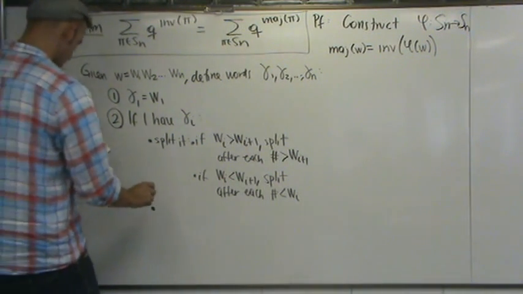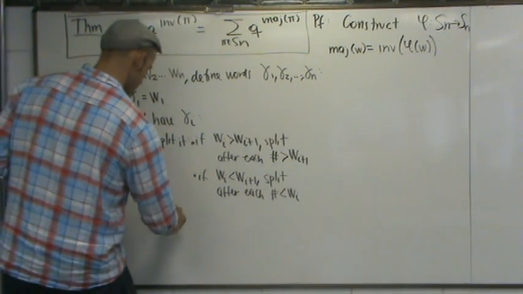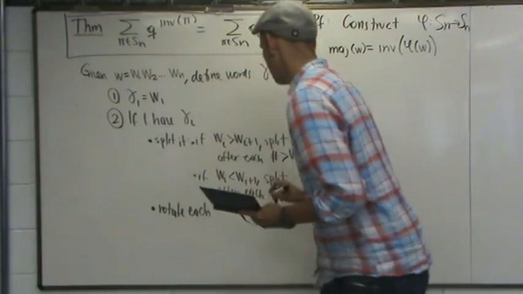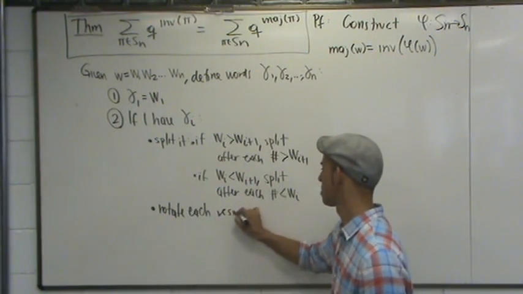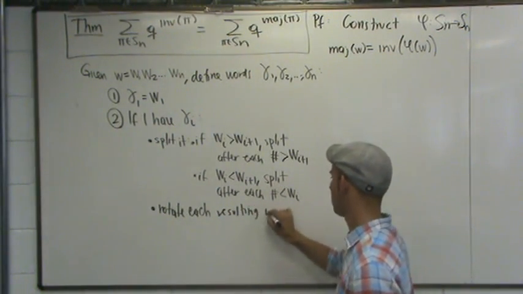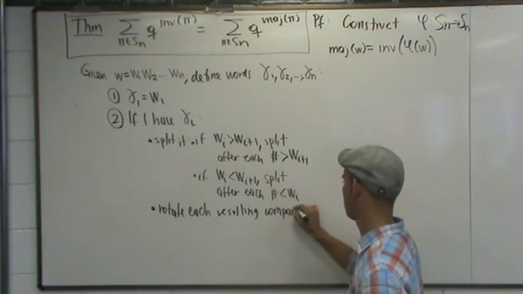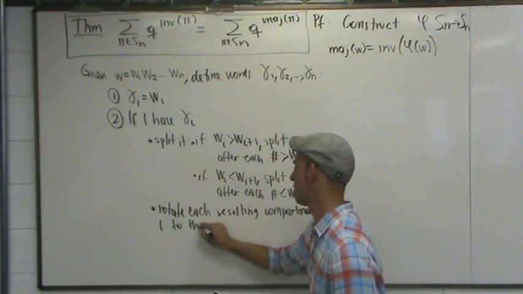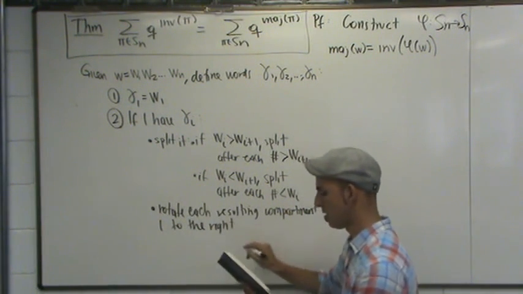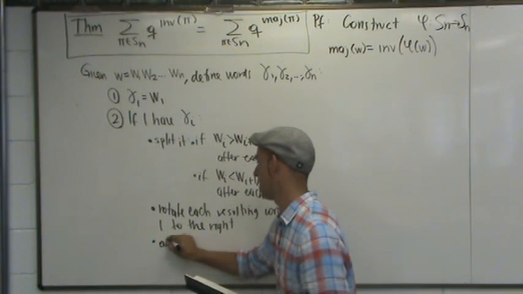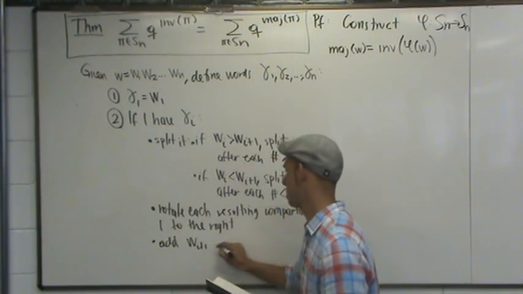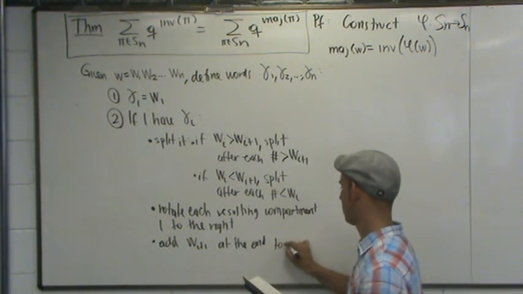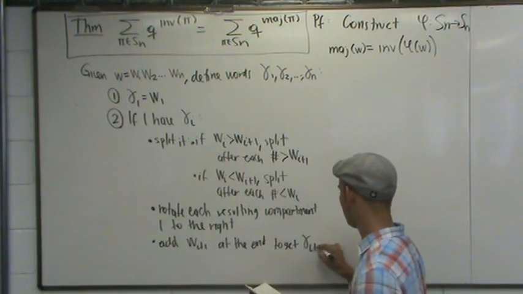So then in the next step I'm going to rotate each resulting compartment one to the right, and I'm going to add Wi plus 1 at the end, to get gamma i plus 1.